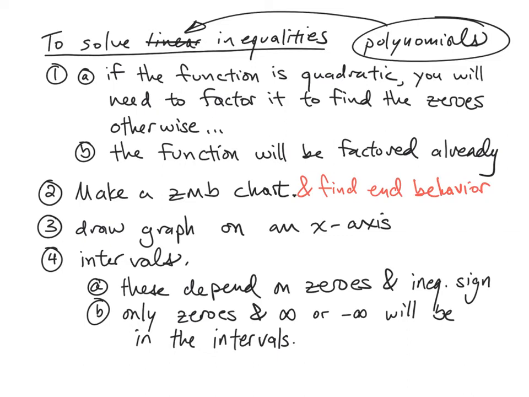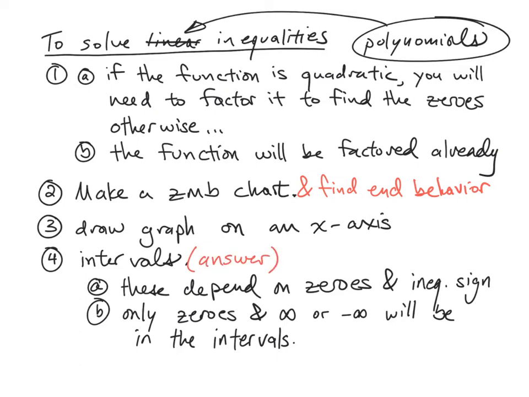The third thing that you will want to do then is draw a graph on an x-axis. So for all of these, you do not need a y-axis. You only need an x-axis. And the graph will either be above or below. That's how you can tell if it's positive or negative. Then the last part of it will be the intervals, aka your answer.